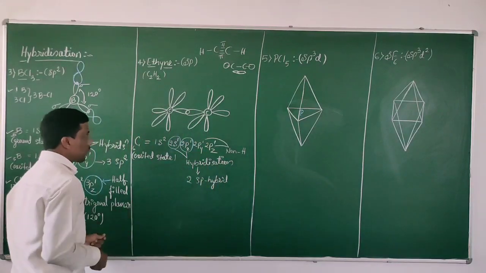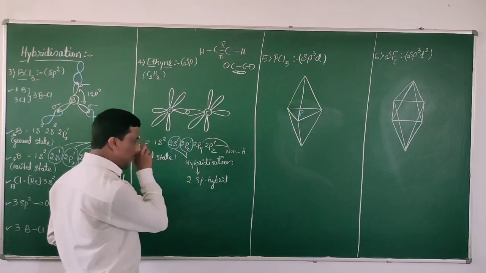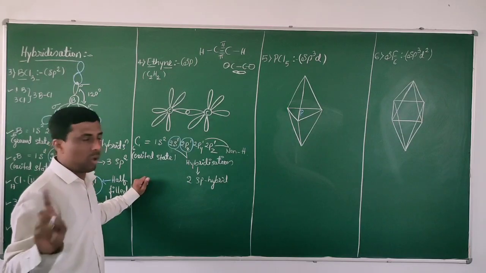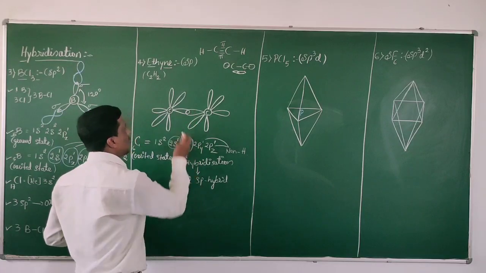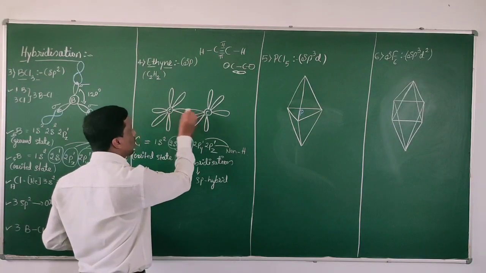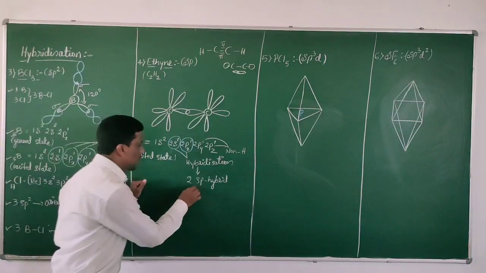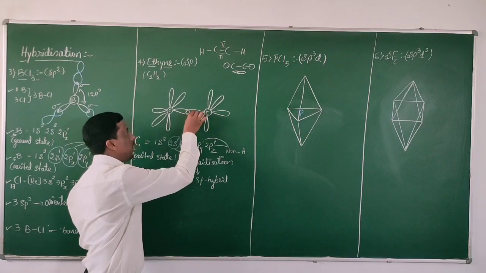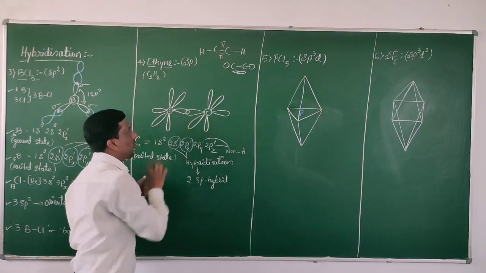ಓಕೆ, here out of two sp hybrid orbitals from the two carbon atoms, one hybrid orbital is used to make the sigma bond between the two carbon atoms. ಎರಡು sp hybrid orbital ಗಳಿದ್ವು, ಅದರೊಳಗ ಇದರಿಂದ ಒಂದು sp hybrid orbital, ಇದರಿಂದ ಒಂದು sp hybrid orbital sigma bond ನ ಫಾರ್ಮೇಷನ್ ಮಾಡ್ತಾವು.